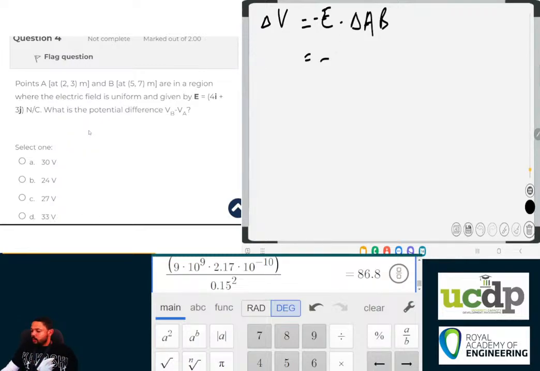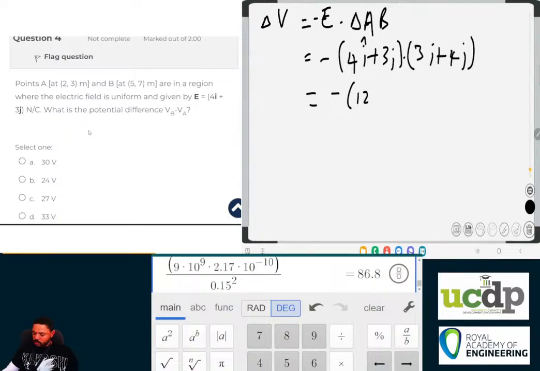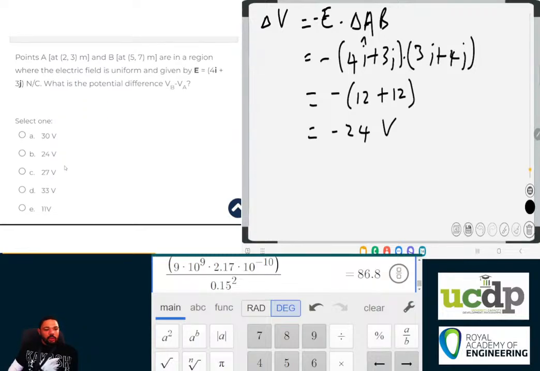Now, that's negative of (4i plus 3j) dotted with (3i plus 4j). I'm just checking if I'm still correct. Yes. That gives me negative of 12 plus 12, which is negative 24. Negative 24 volts.